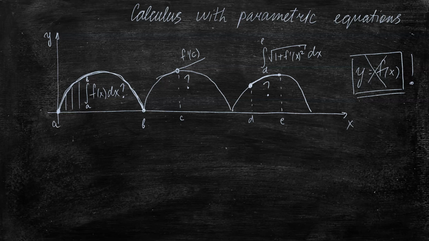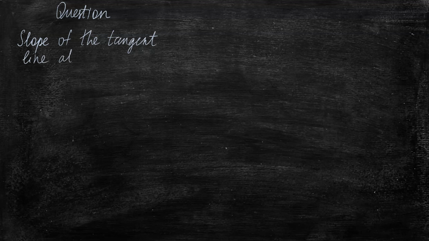And before we continue, let's summarize what we already know. What does it mean to do calculus? That means we know how to answer the following questions. We know how to find the slope of the tangent line at some point.